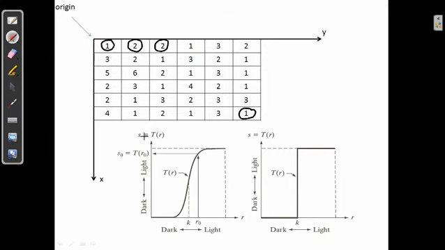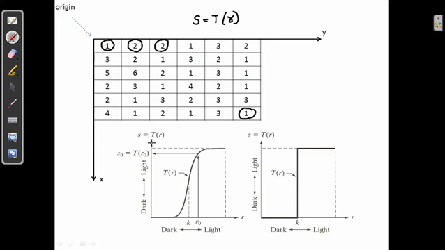Mathematically we can represent this as S equals T of R. Here R is the original image intensity, T is the transformation or processing applied on R, and the output you get after processing is called S. That is what is displayed over here: S equals T of R.